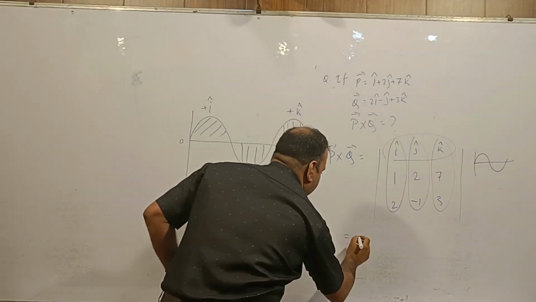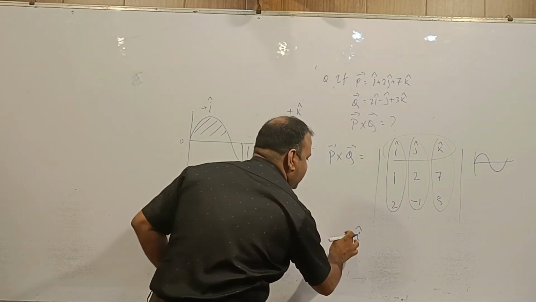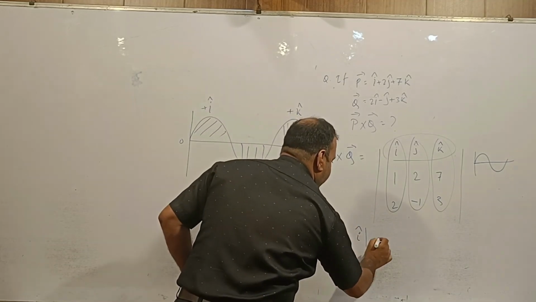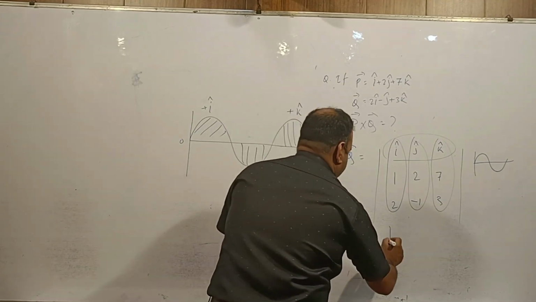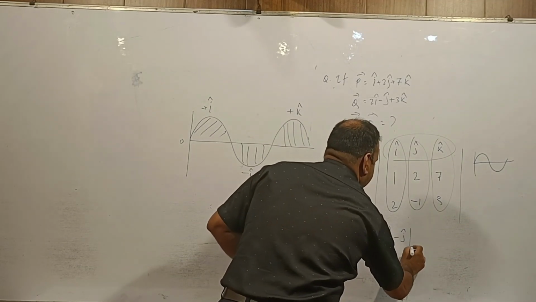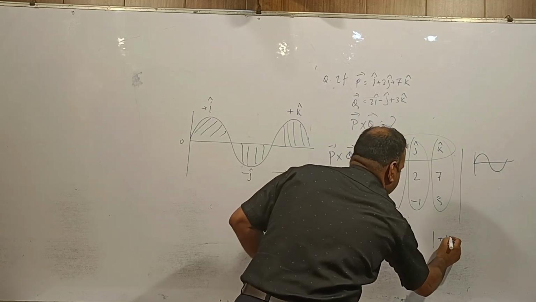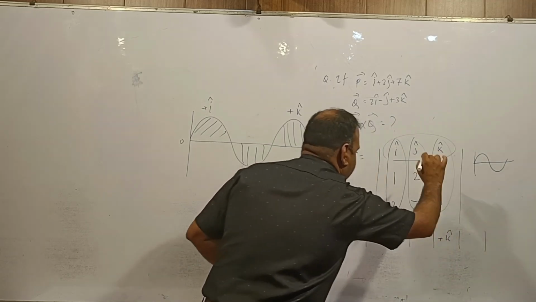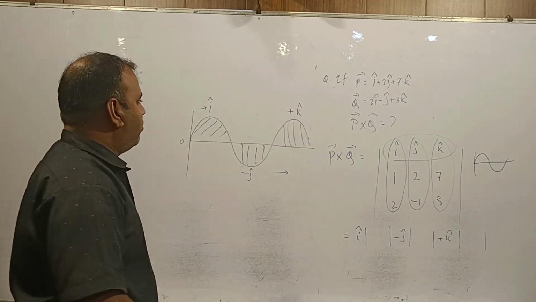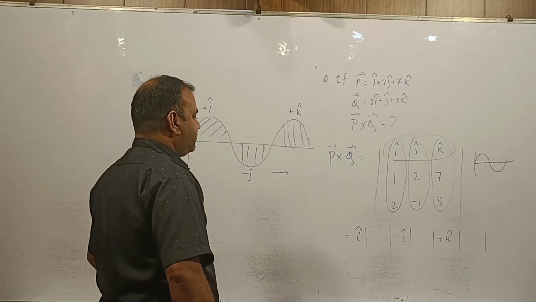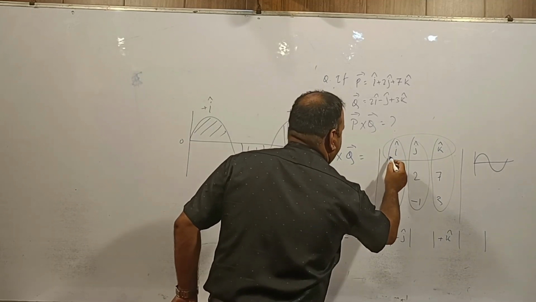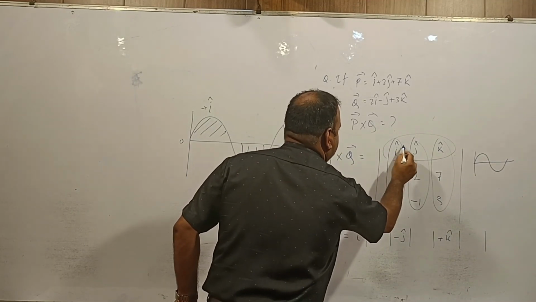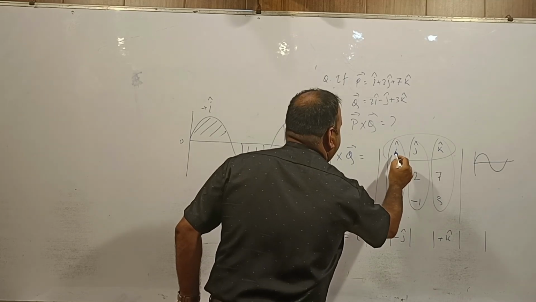Now when I write here i cap, i is positive, no need to mention the sign. So you just give one modulus symbol, and here minus j, give like this, plus k, again give like this. Now you remember, when you are taking i, this value is related with the first term.